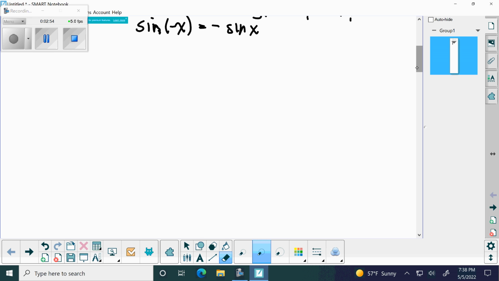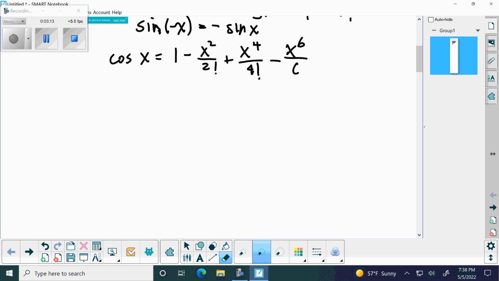Well, let's just take a look here and see that cosine of x is 1 minus x squared over 2 factorial plus x to the 4th over 4 factorial minus x to the 6th over 6 factorial plus x to the 8th over 8 factorial minus x to the 10th over 10 factorial, and so forth.